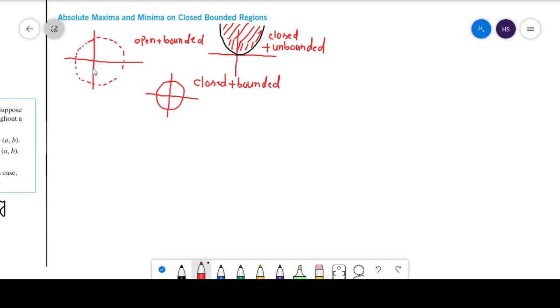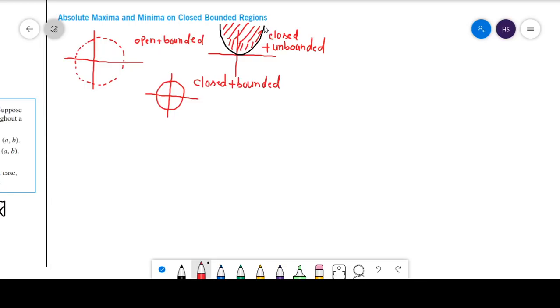This shaded boundary means that the boundary is not included. Whenever the boundary of a region is not included, that region is open. But since you can bound this region in a disk of some positive radius, it is a bounded region. This other one is a closed region but unbounded.